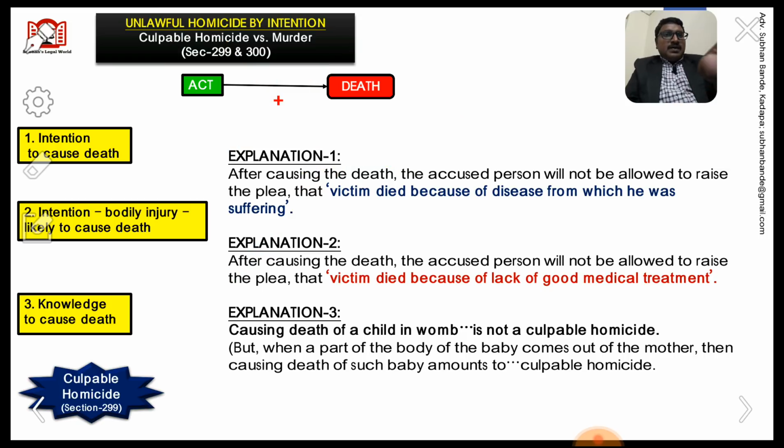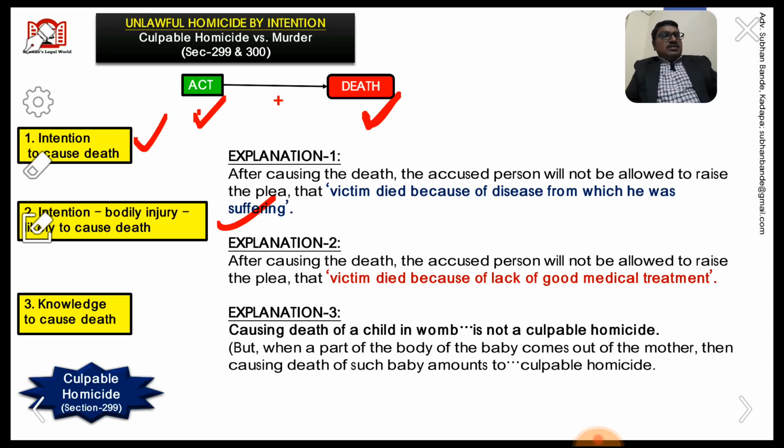Here, there must be some act. The result is the death. Actus reus, death. If the mens rea is the intention to cause death, it is the first kind of culpable homicide. If the accused has intention to cause bodily injury that is likely to cause death, it is the second kind of culpable homicide.